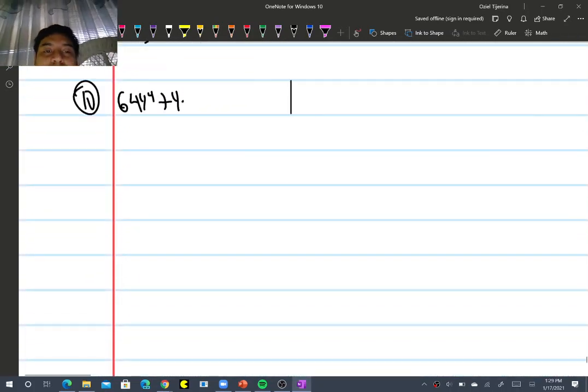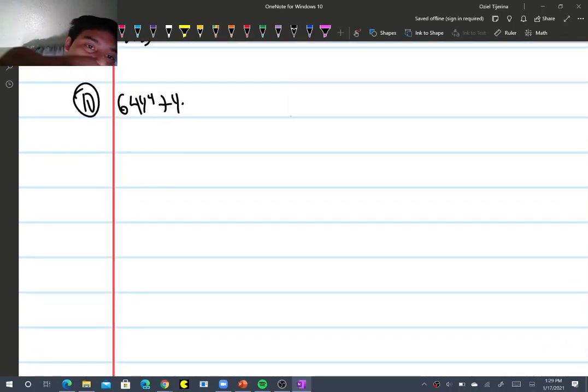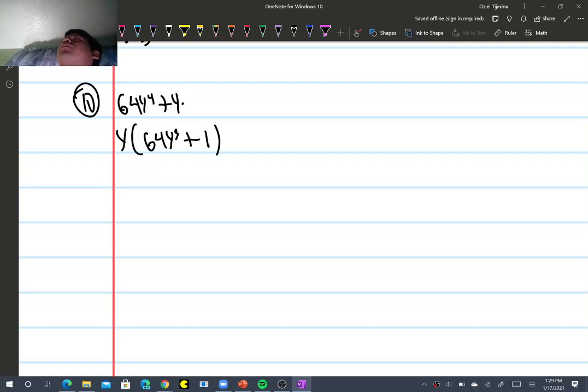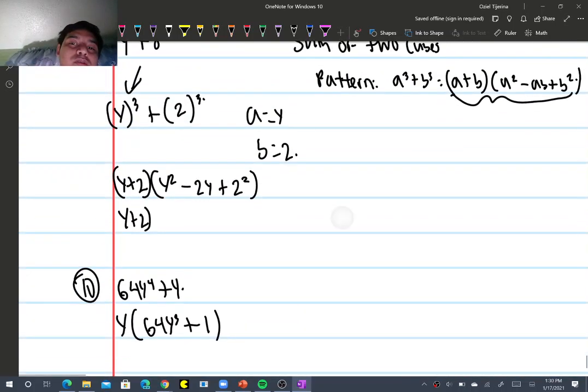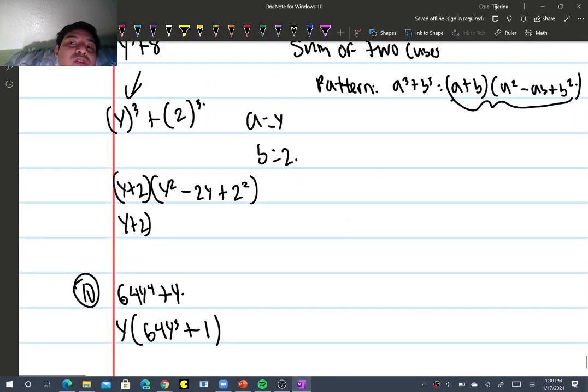Okay, so this is a fairly simple one. 64y to the 4th plus y. The only thing you can ever factor out of this one is a y, because you can't factor anything else out. I would just say y times 64y cubed plus 1. And then actually, you can do the sum of two cubes pattern.